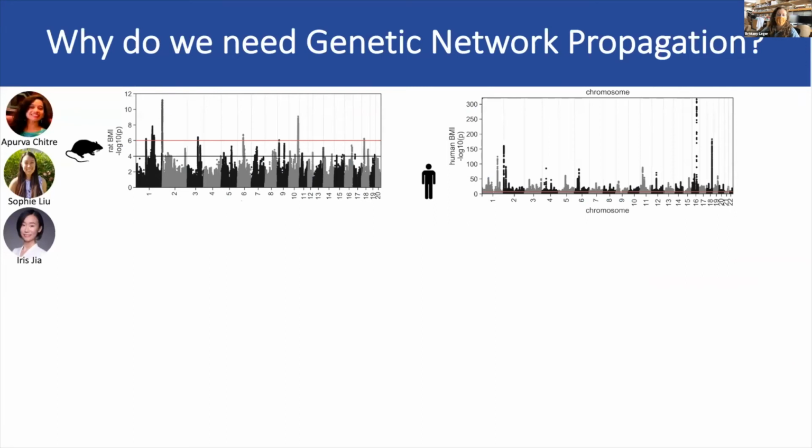So the whole basis of our study is how do you synthesize human genetic data and rat genetic data? Here we have GWAS from our HS rat population for BMI and for human BMI from the Broad Institute's GIANT population.